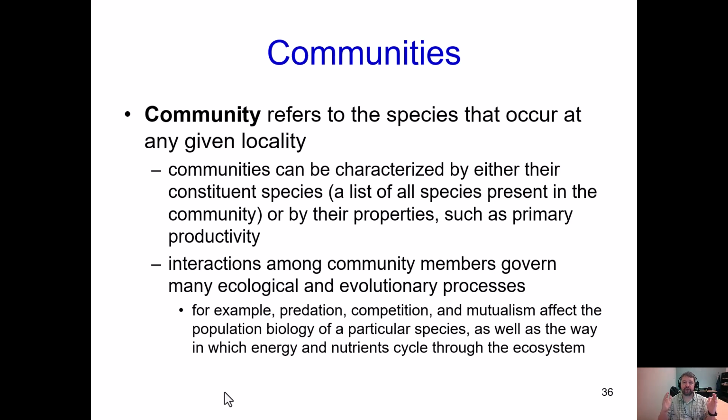If the community has a name just because of the locality, often we're classifying it based on energetics or nutrient cycles within the system, but taking into account predation, competition, mutualism, commensalism, how species interact with each other within the environment.